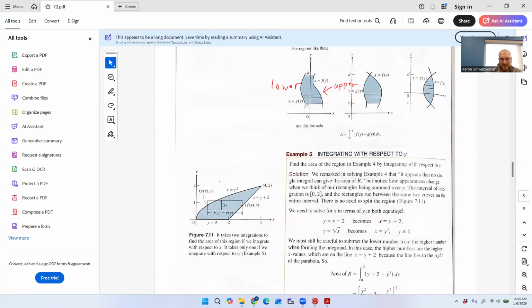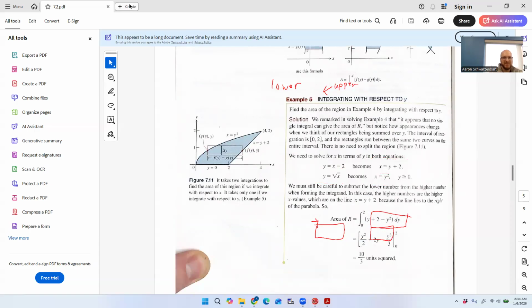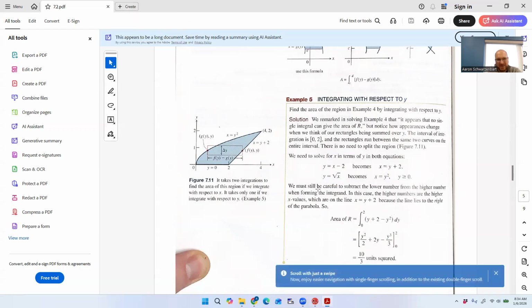Your upper being, you take this, when you solve it for x, you get that. You take this, when you solve it for x, you get this. So now upper minus lower is, and 10/3 was what you got for a result the other way too.